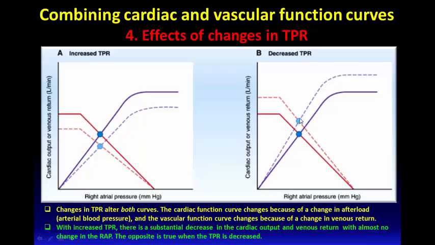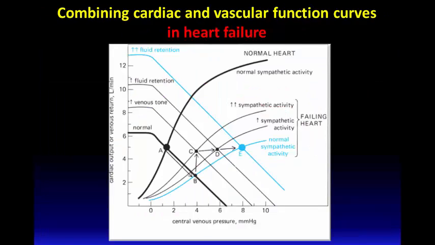And now the equilibrium point has shifted up, indicating a substantial increase in both the cardiac output and the venous return, with almost no change in the right atrial pressure.